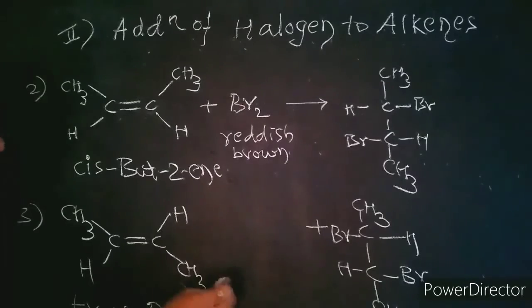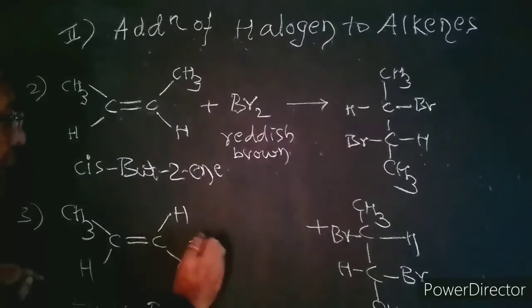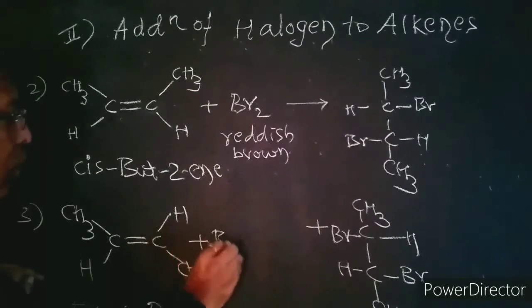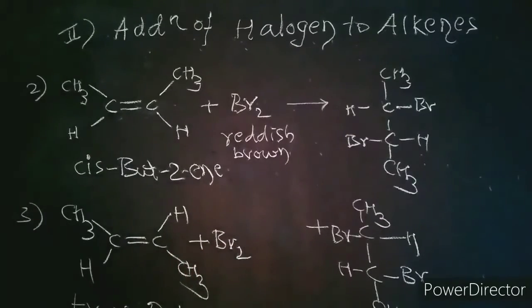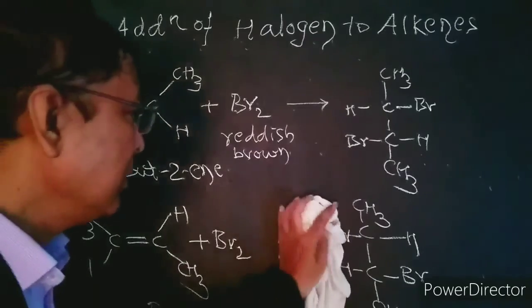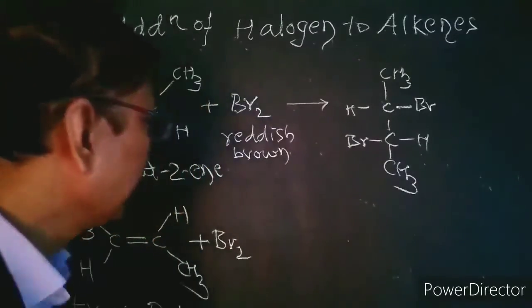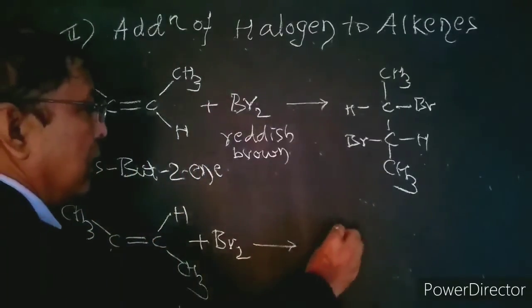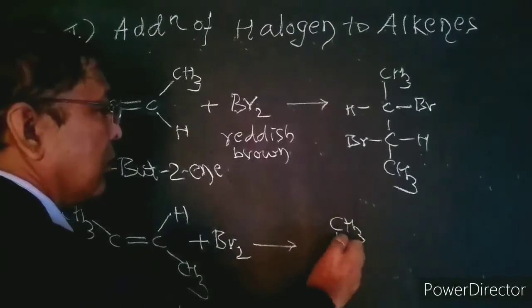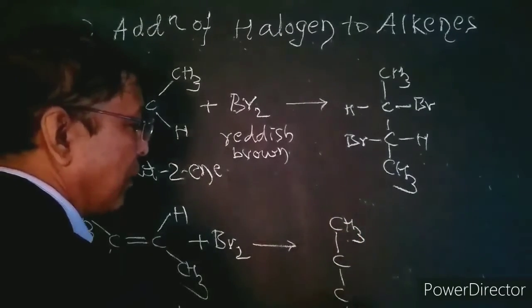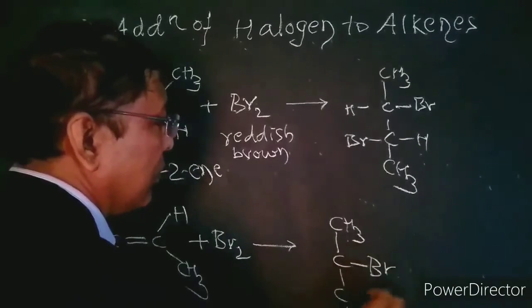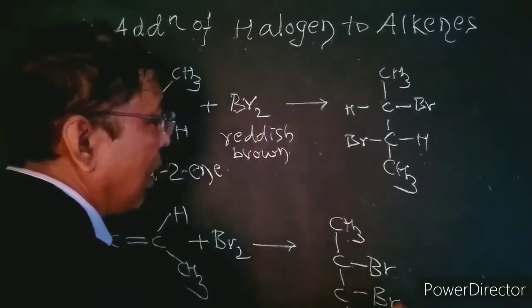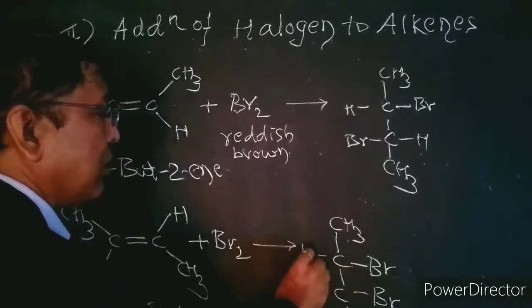If we react this trans-butene with bromine water, we get only one product. I write that product here, CH3, the 4 carbon atoms I have written, and both the bromine atoms are attached at the same side.